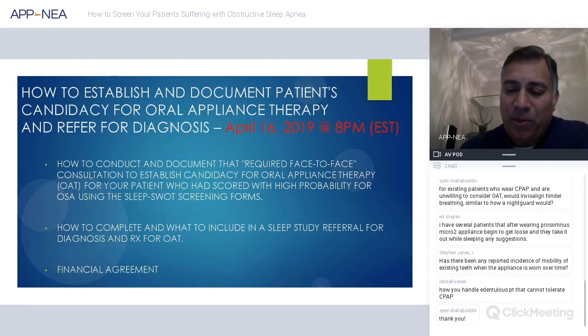That's a perfect opportunity, if the retainer is cracked or loose or not fitting well, to have that conversation with the patient that perhaps it's time to change to a new retainer. Same thing with oral appliances. If you see that the oral appliance is starting to chip, crack, warp, and not fitting well, then it's a perfect opportunity to have that conversation that a new appliance would be indicated.